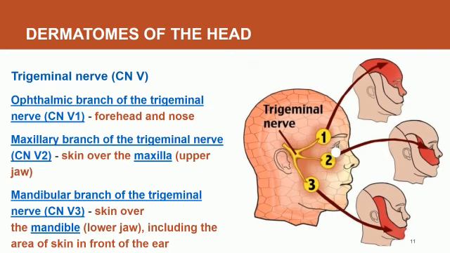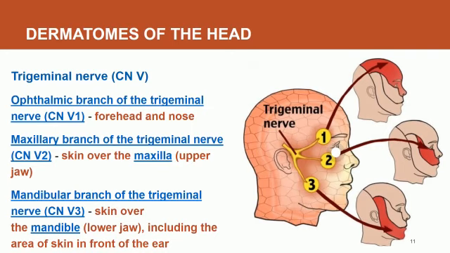The fifth cranial nerve is called the trigeminal nerve. It is named so because it has three main sensory areas of distribution. There are three main branches known as the ophthalmic branch, maxillary branch, and mandibular branch.